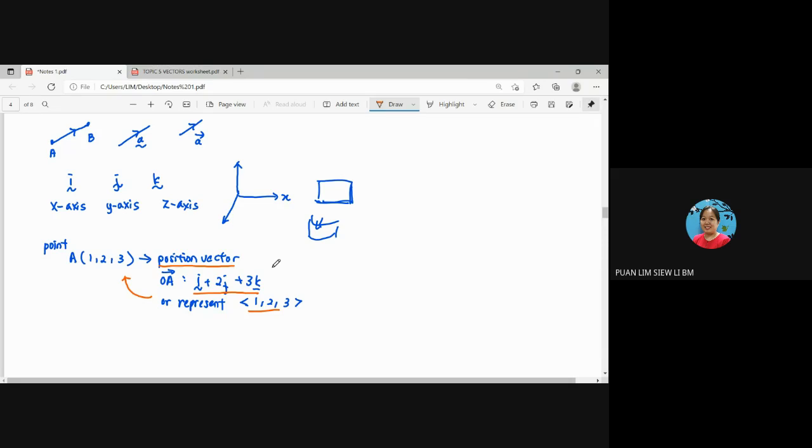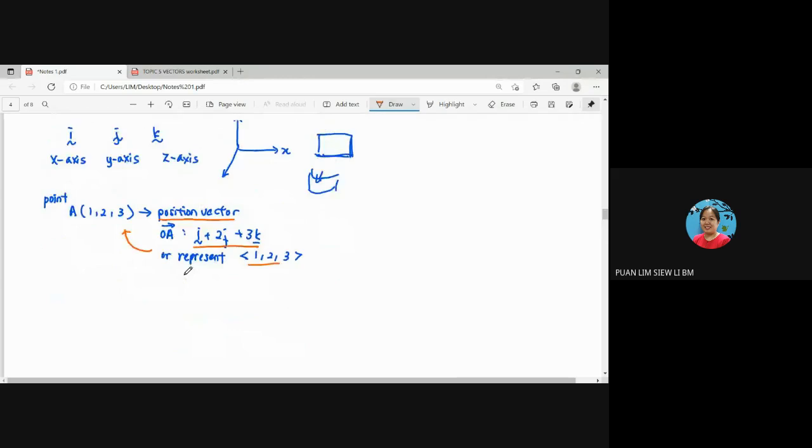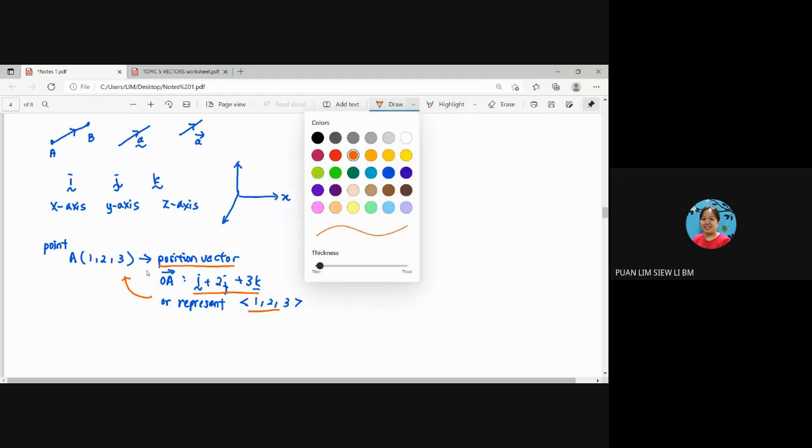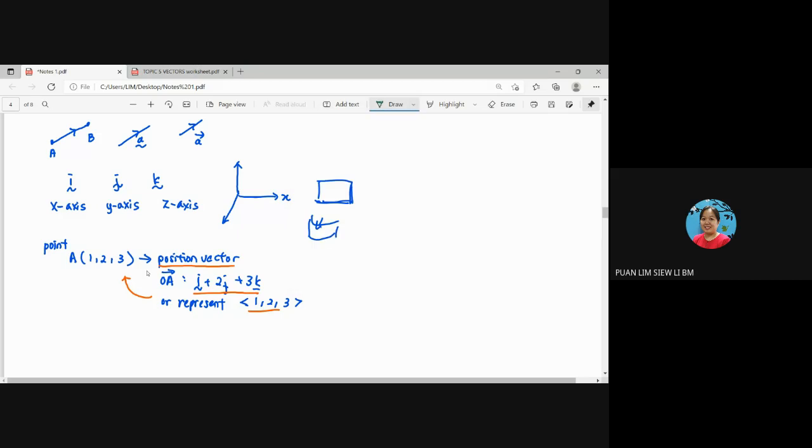Alright, so from here, when you have a vector, what other important notes are there? You can find the length of your vector. Let's say I give you a 2-dimension vector, your SPM basic, where you only involve the x-axis and y-axis, with a point 1, 2.